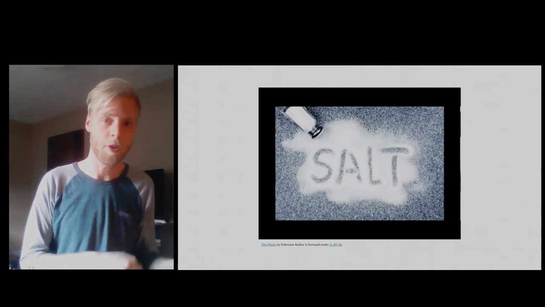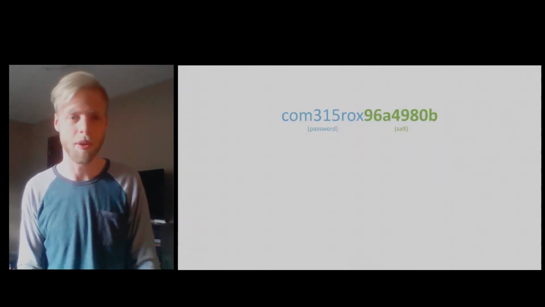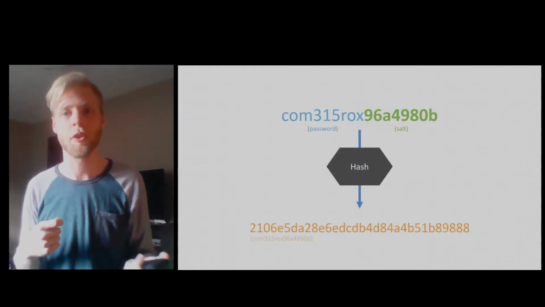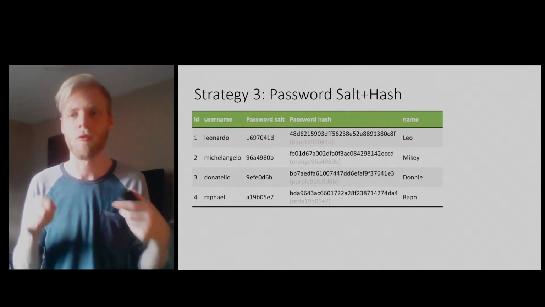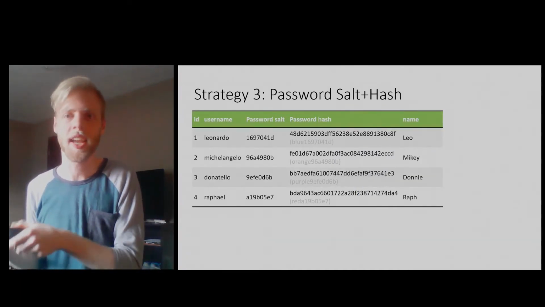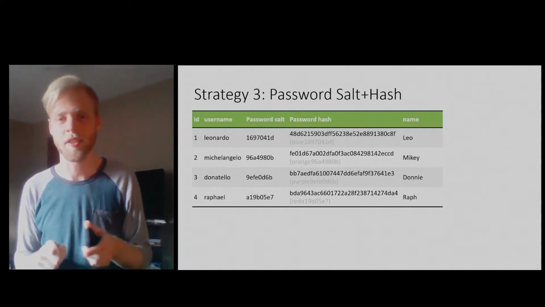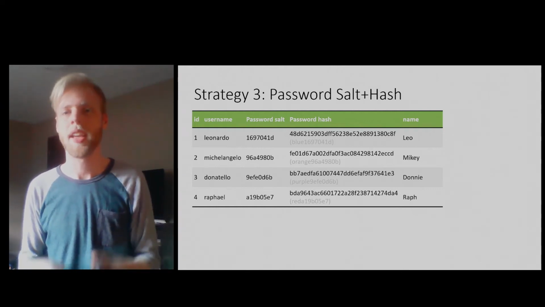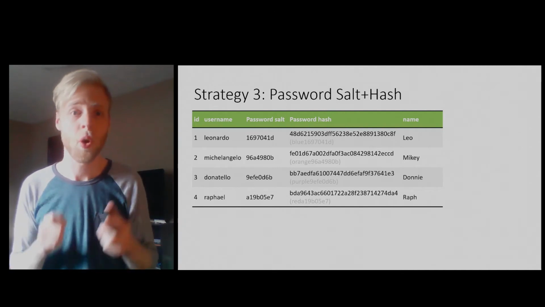When you salt a password, you add a random string of characters to the end of each password, and then you hash that instead of the plain password. So if you look at our table now, every user has a password salt and a password hash. So when a user account is created, we generate a random string of characters as the salt, and then we append that to the end of their password and then hash that and store it in the database.